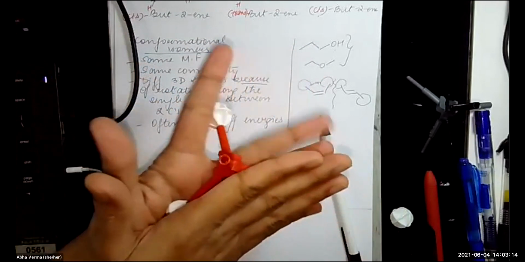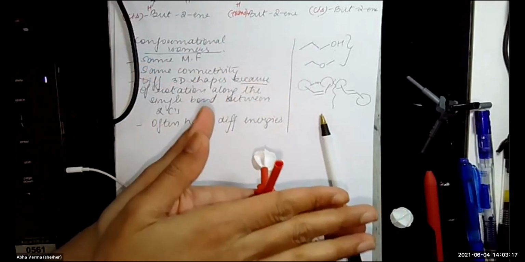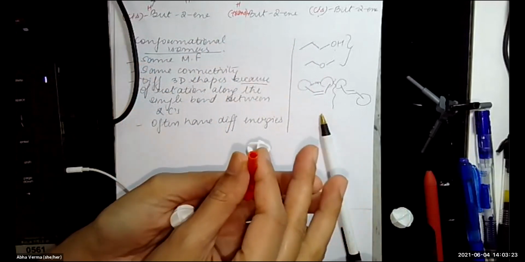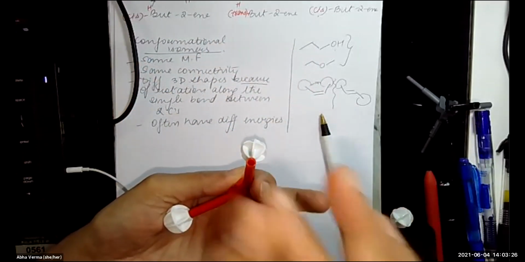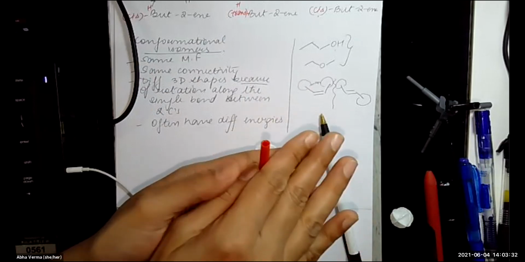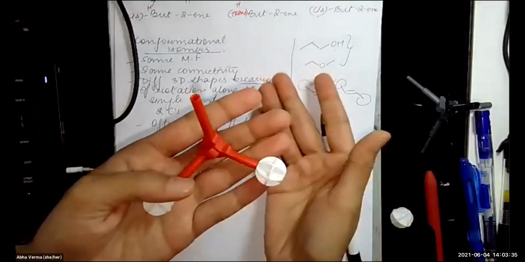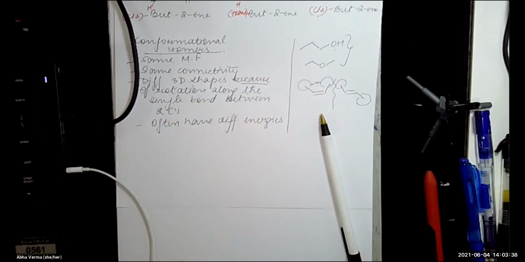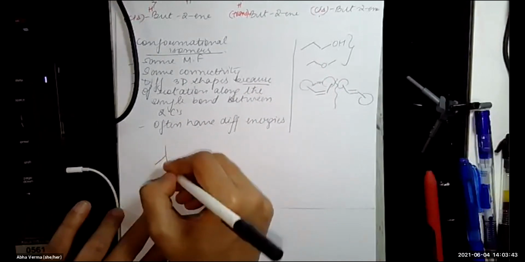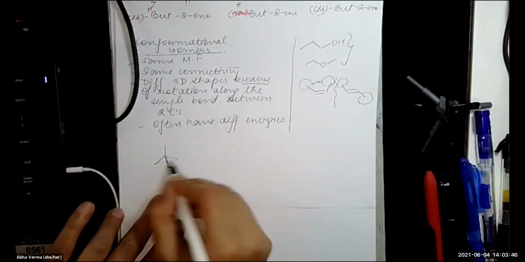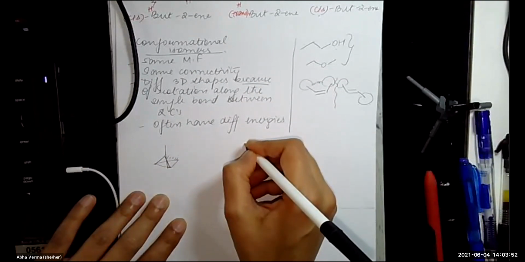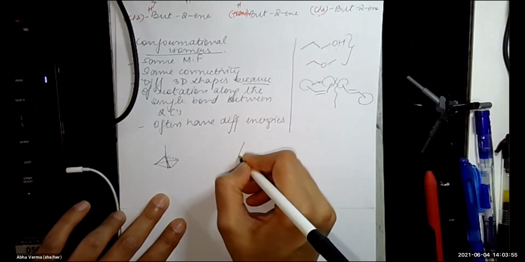So I will keep these two bonds in the plane. One of the bonds is coming out towards you, which is going to be the wedge. And the other one, which you cannot see, is going behind the plane, which is going to be the dashed bond. So if you think about the wedge and the dashed bond, remember to draw the tetrahedral. Most of your questions will be dependent on two carbons.